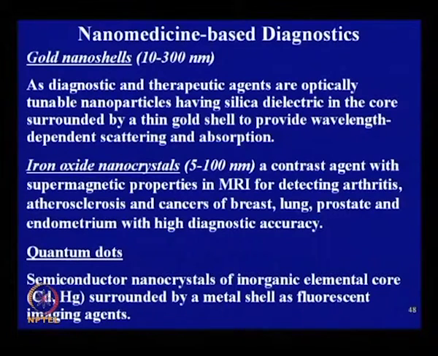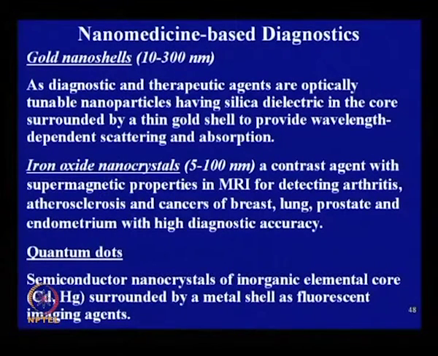I do not know the details, I am not an expert in this field, but whatever I understand is that some electric or optical properties are regulated with the help of these nano devices. Then iron oxide nanocrystals, a contrast agent with superparamagnetic properties in MRI for detecting arthritis.